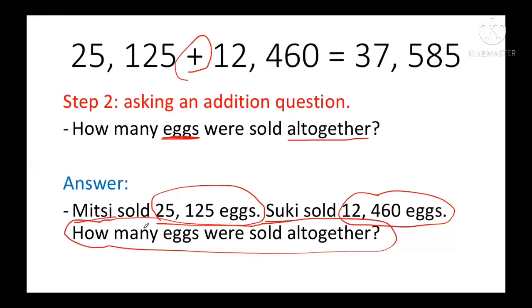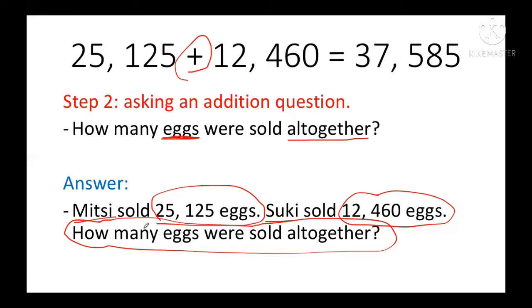Again, in step 1, you need to think of a name of a thing. It's up to you if you want apples, ice cream, oranges, cell phones, pillows, or eggs. And then for step 2, you need to create the question. So how many eggs were sold altogether?